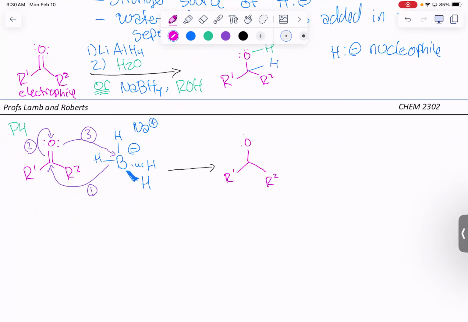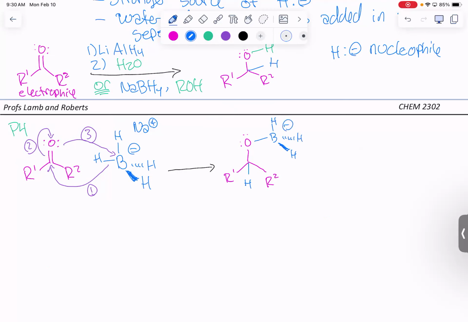All right, so when we put that lone pair of electrons on oxygen, that means we have 2 lone pairs left. We can draw in our hydride that is now added to the base of our carbonyl, and now we have our boron, which now has 3 hydrides on it, and our oxygen.